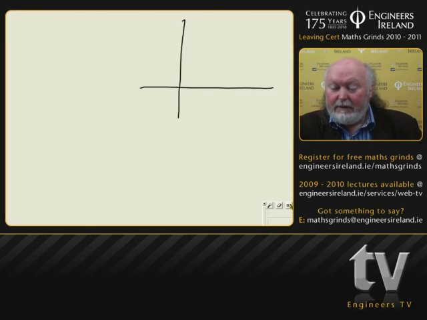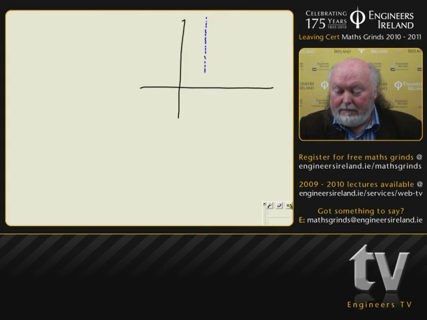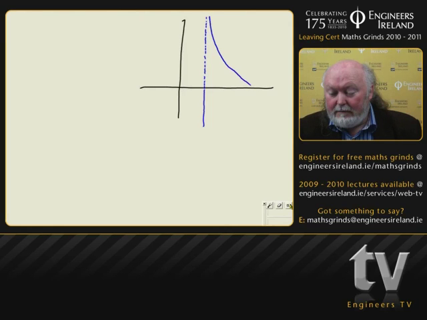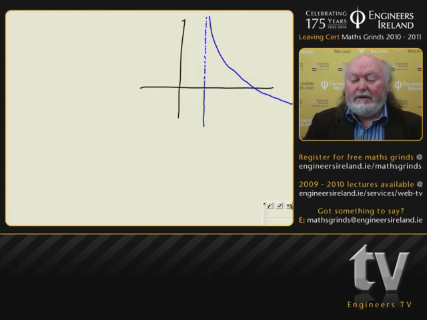For example, if we consider this line here, we can say to ourselves that as x gets nearer and nearer to this particular value of x, this function is getting closer and closer.